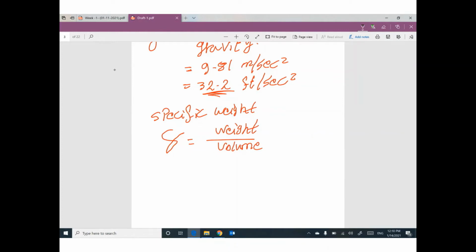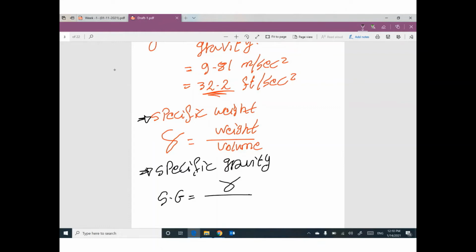We have another term called specific gravity, which is SG, specific gravity, equal gamma divide gamma water. Gamma for any material divide gamma of water, I can figure out the specific gravity for this material.